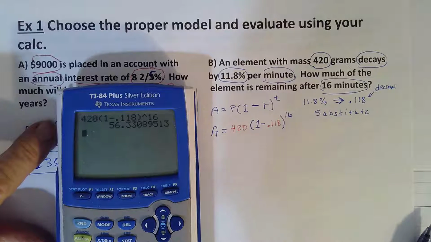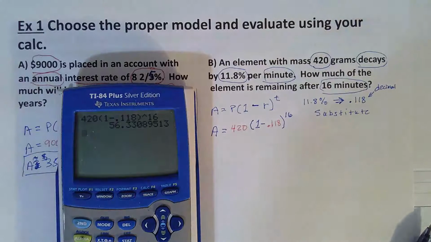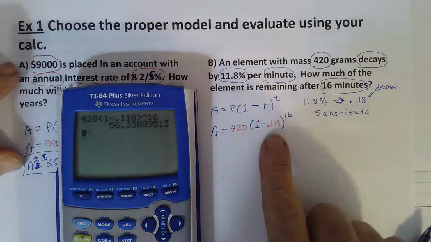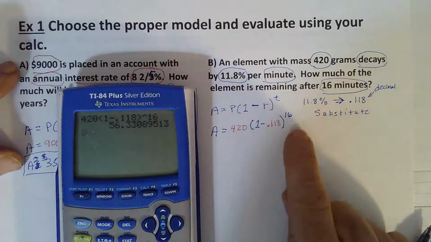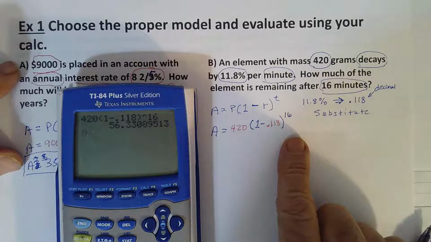And notice you get 56.33, and it goes on. Now on this one, you could put it at 56. Again, look to see whatever rounding your question is asking for. This isn't asking for any rounding.